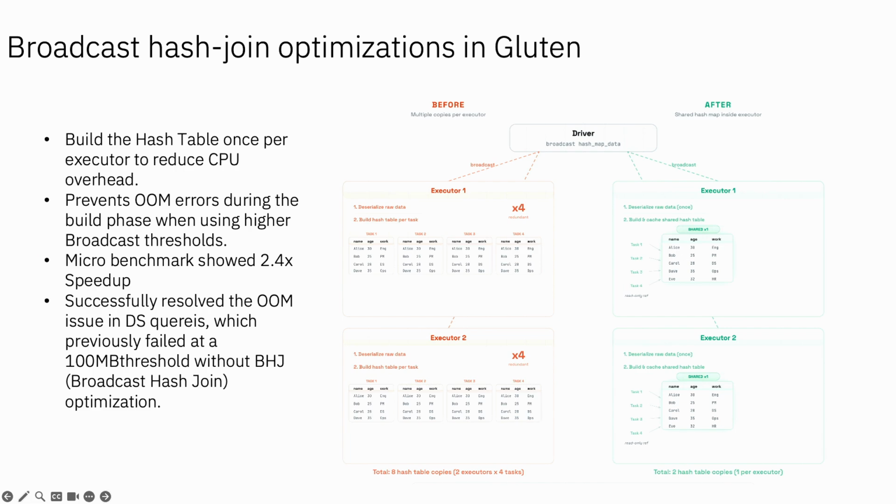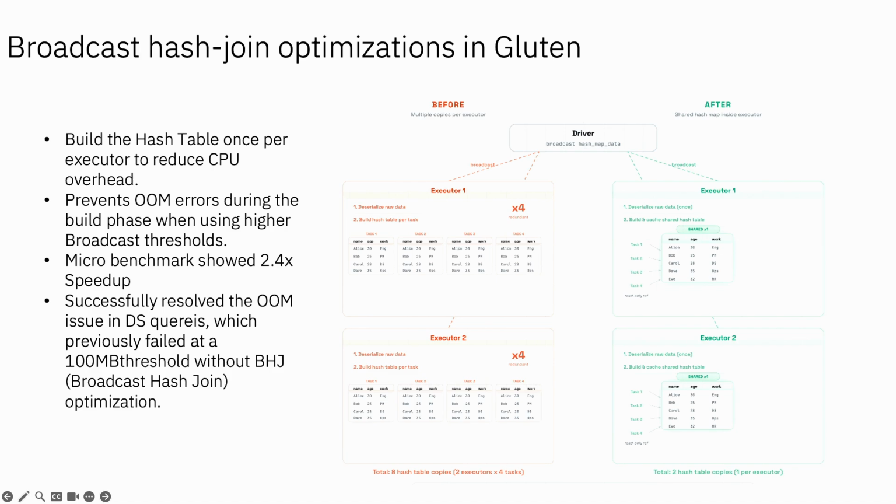Yeah, the last feature is we are doing the broadcast hash join optimization in Gluten. Initially we were reusing the shuffled hash join code path in Velox, which builds the table for each thread, which is a big waste of CPU as well as memory. So in the latest release of Gluten, we are adding optimizations to the broadcast hash join.